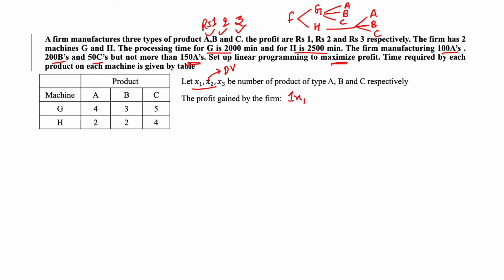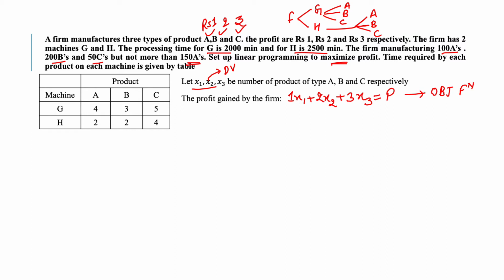Similarly, if I sell x2 number of type B product, I will gain a profit of 2 into x2, and similarly for product C my profit will be 3 x3. In total my profit is this one. So this will give me my objective function, which is to maximize this P.